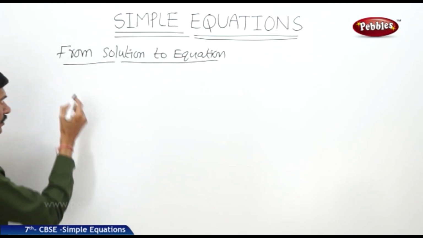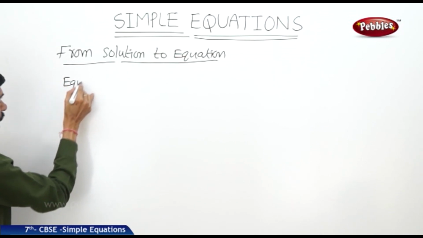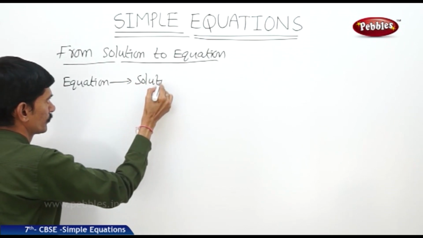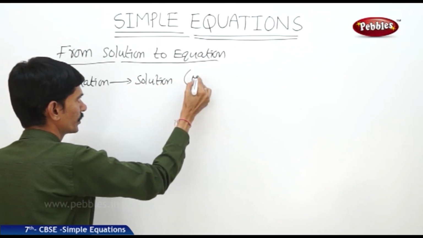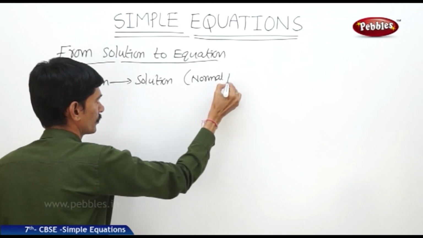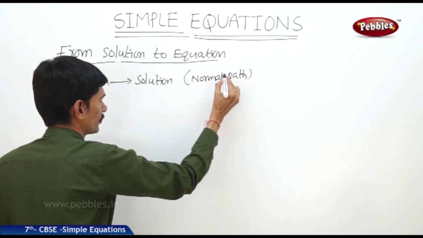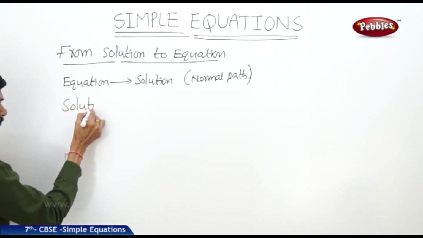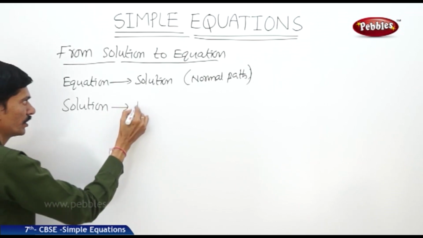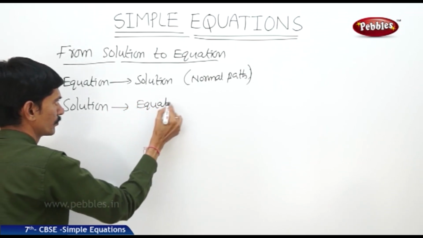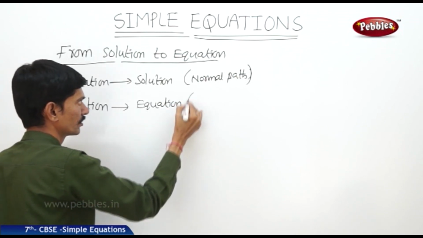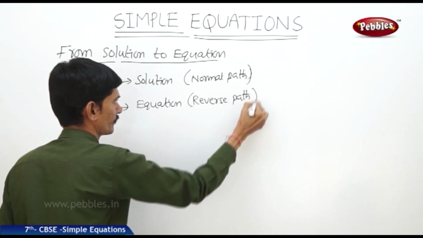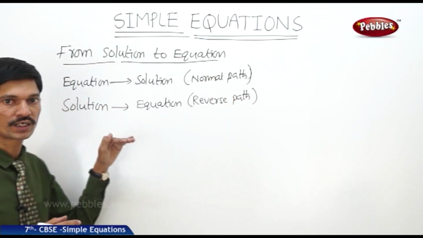So that is the normal path, from equation to solution. Now if you are given a solution, how to find the equation? This is the reverse path. Now how to get the equation taking a solution?